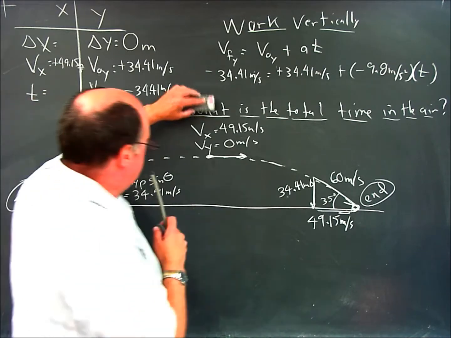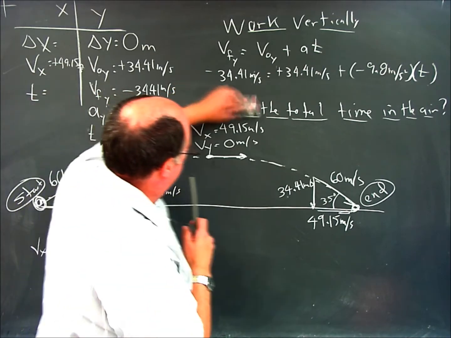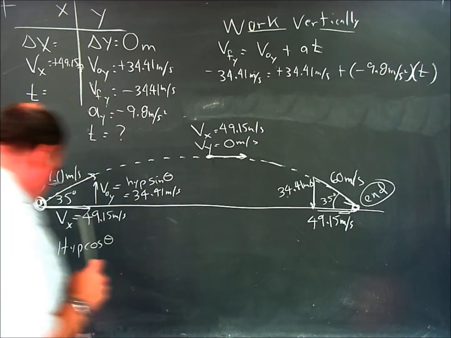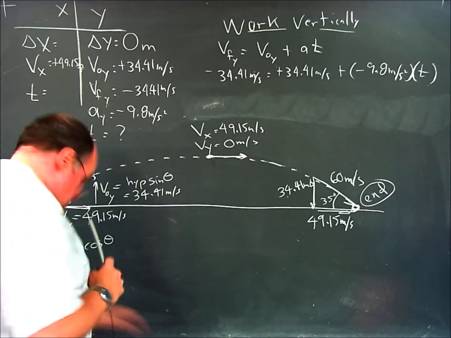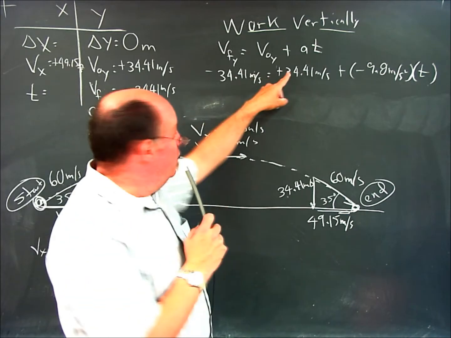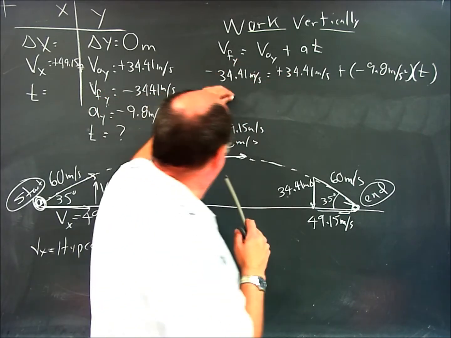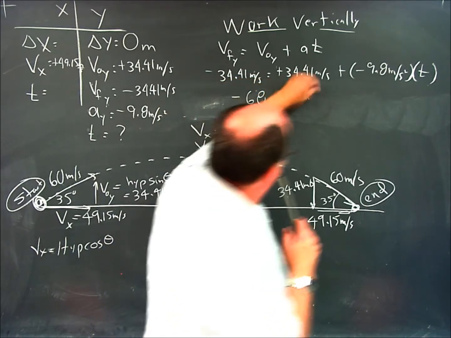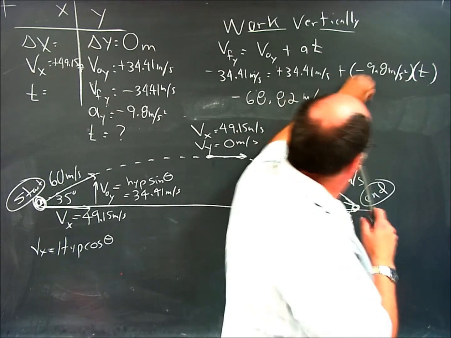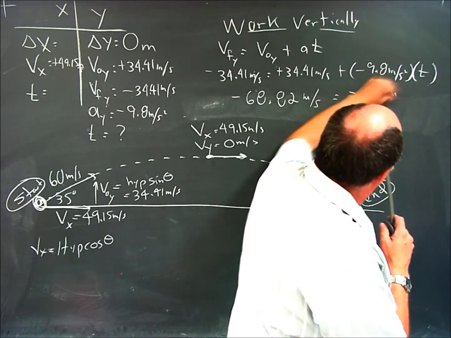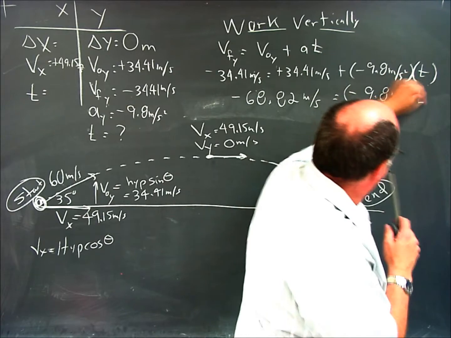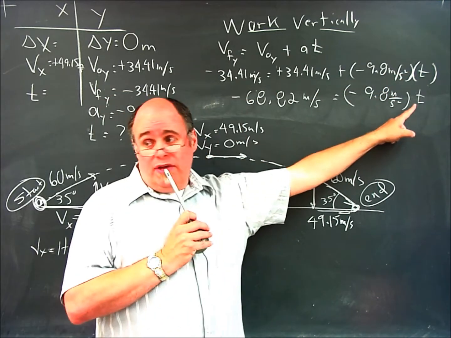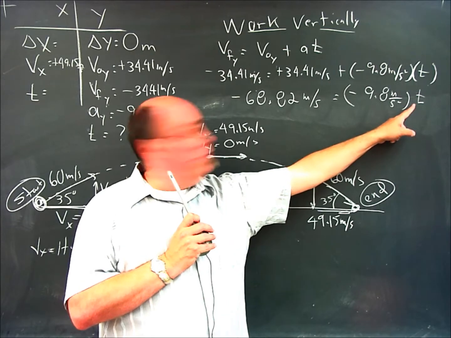So again, now I'm just going to erase this question a little bit. If I subtract 34.41 from both sides, it'll become negative 68.82 meters per second equals negative 9.8 meters per second squared times time. And I want to get the time by itself, so I'll divide both sides by negative 9.8 meters per second squared.